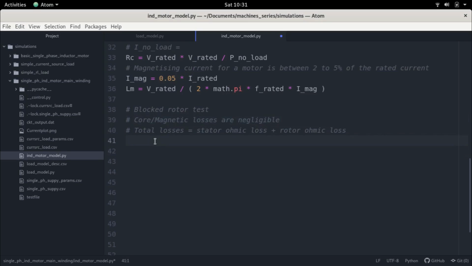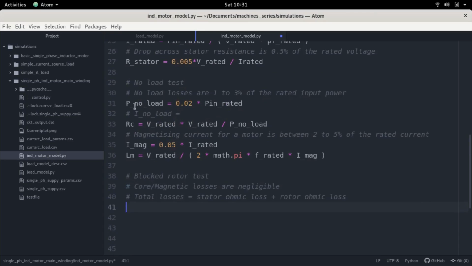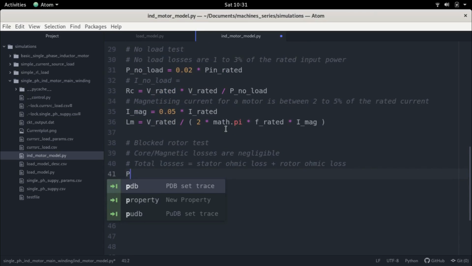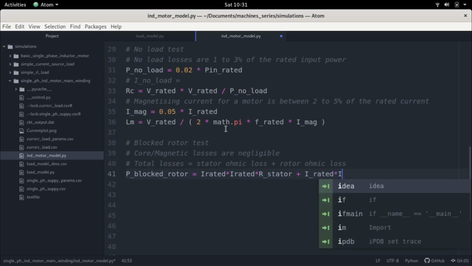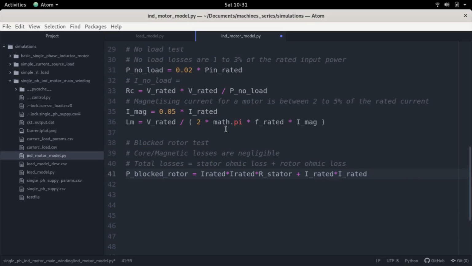So what this means is, if I have a block rotor test, just like I had P no load test, this block rotor test will be equal to I rated squared multiplied by R stator plus I rated squared multiplied by R rotor.